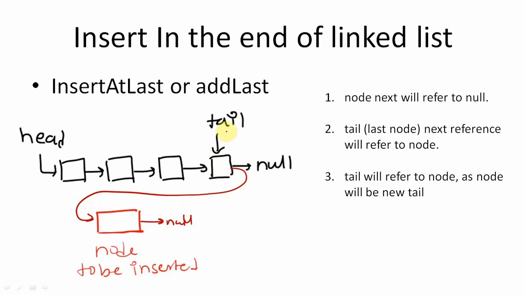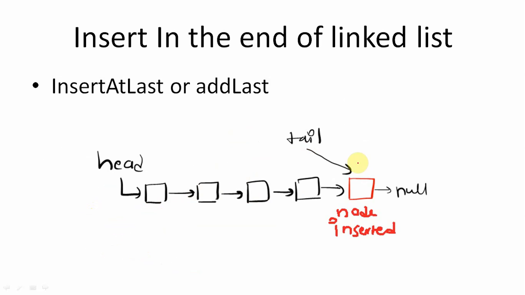I have to update the tail. Tail is also referring to this new node. Now this node will become the tail of the linked list. So see, the tail is updated, the old last node is pointing to this particular node, and tail is also updated. So in this particular way, we will add last.